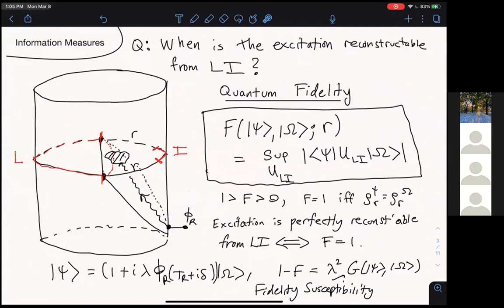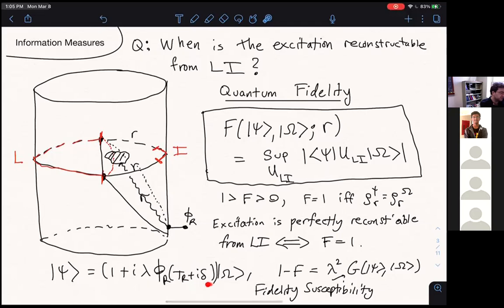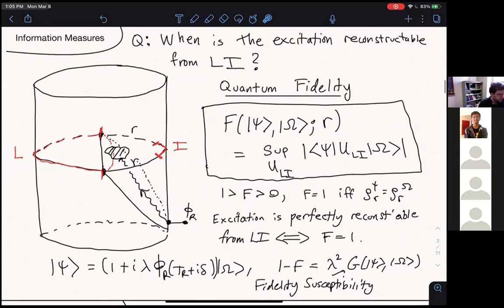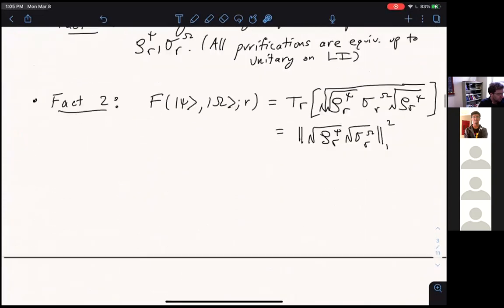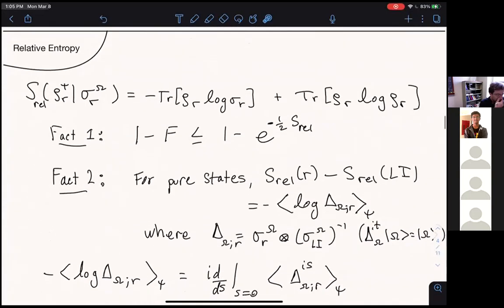Everything is a function of this t r here, and delta actually. Okay, good. So the quantity that's a little bit simpler to compute is the following.